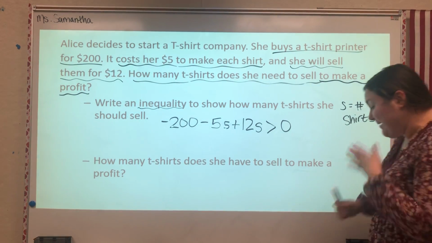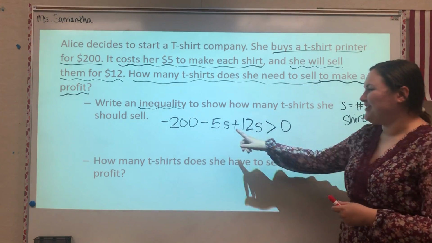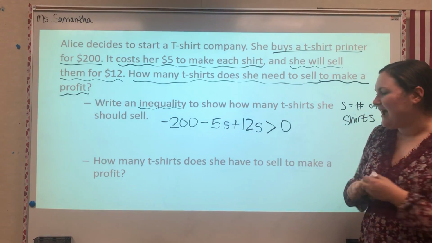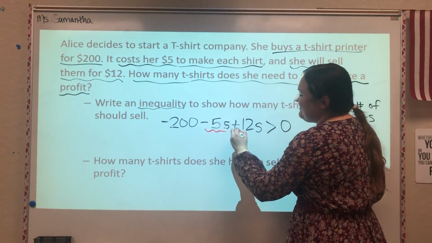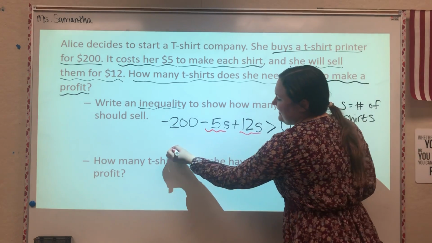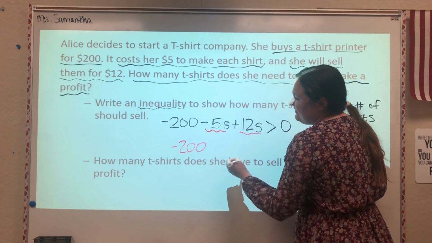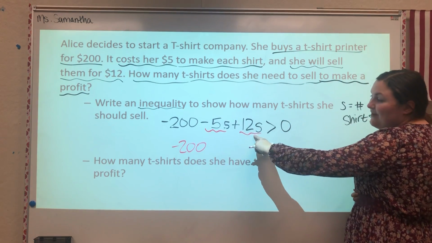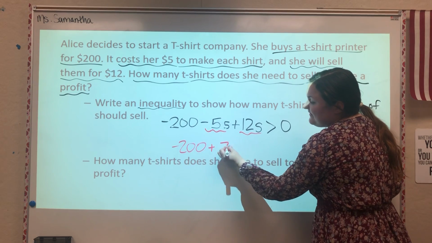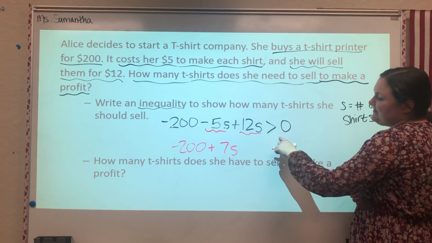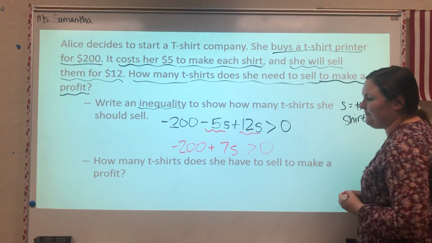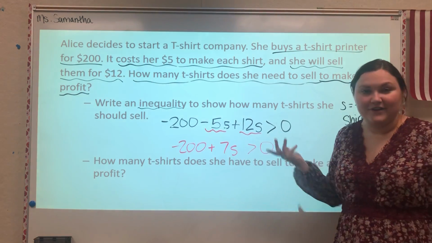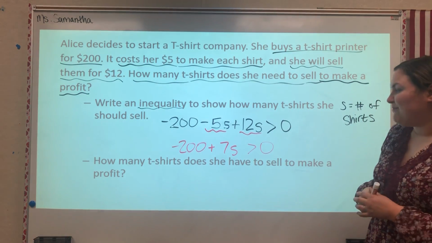Well, if I went to solve this, what's one of the first things I could do? Well, I know I personally, when I see terms I can combine, I would want to do that. I would want to come in and say, let's combine these two things and say negative 5s plus 12s, that gives you a positive 7s. And then I'm just going to copy down my greater than 0. So this right here is another option, and it says exactly what I just said a moment ago.